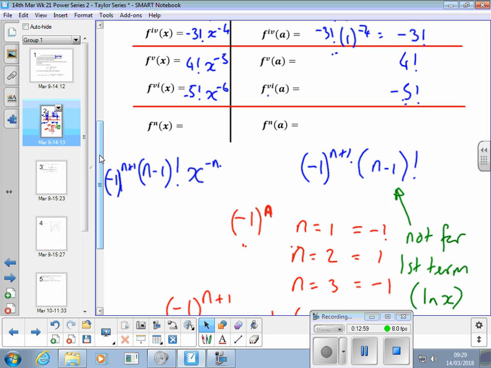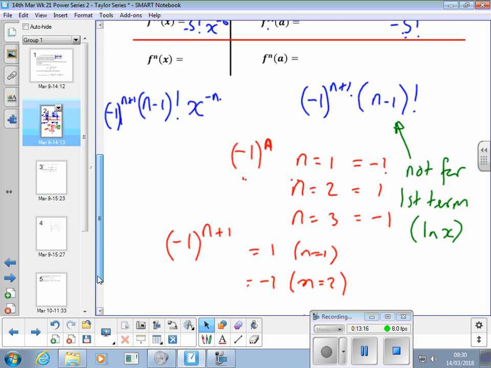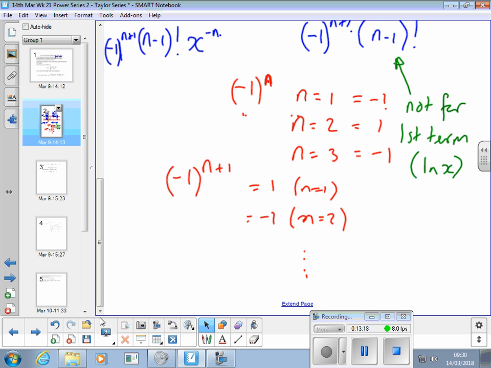But it finds all the derivative ones, but not the initial term, the original function ln x. It doesn't deal with that one. That's separate.